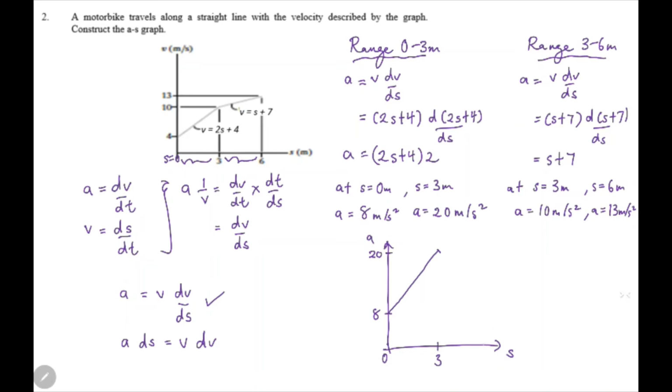And for the second range of 3 to 6 meters, we have a at 10, so the starting point is 10, and then it goes up to 13 meters per second squared, something like this. Alright, so that would be the relation of your a versus s graph.